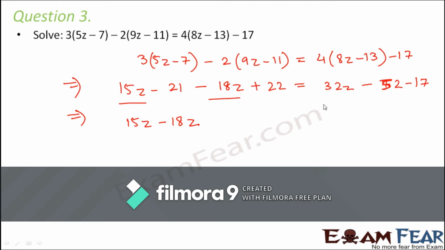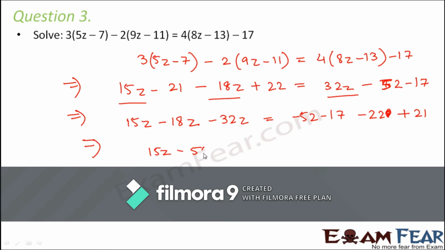So 15z minus 18z, and from here also we will bring minus 32z, will be equal to minus 52 minus 17 minus 22 plus 21. So let us solve this. So this would become 15z minus 50z is equal to, this entire thing would be equal to minus 91 plus 21.